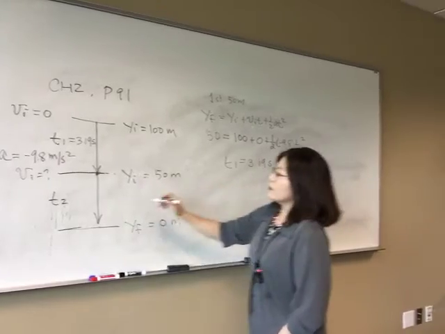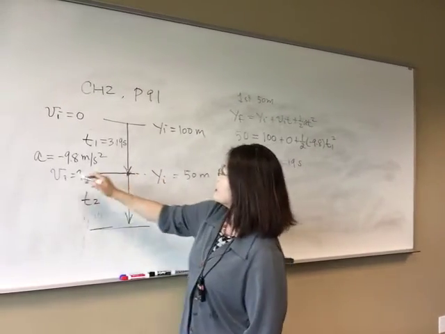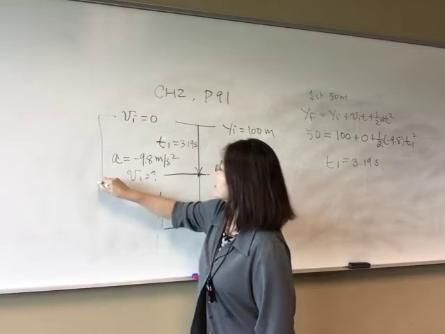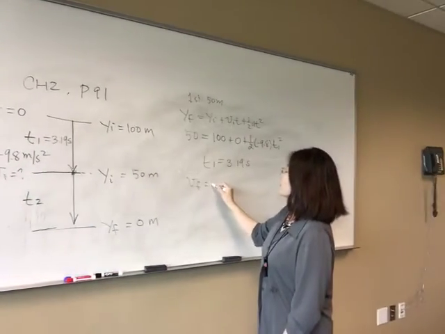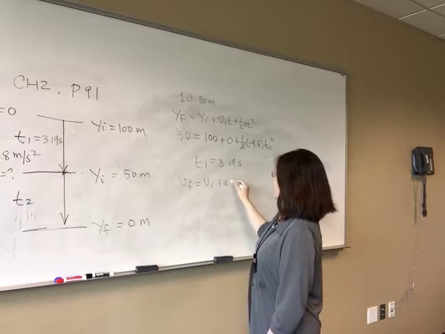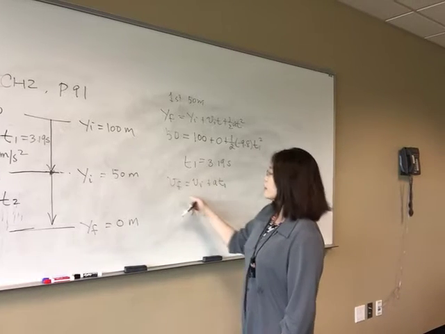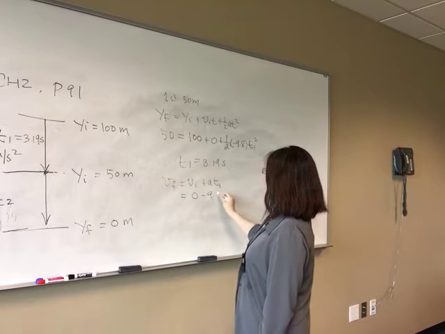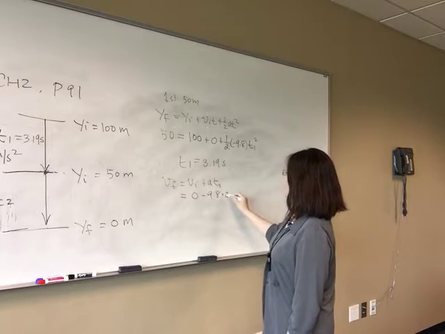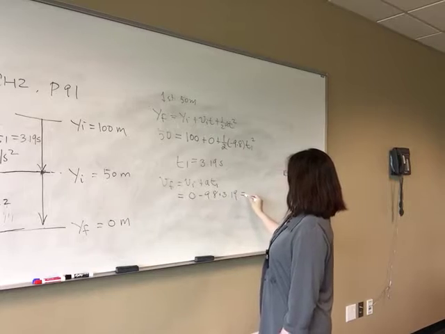So taking this set, that will be your VF. Your VF here is equal to VI plus A T1. We don't know VF, VI is 0, minus 9.8, times your T1, which is 3.19.